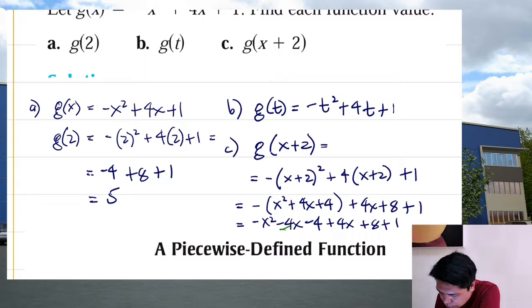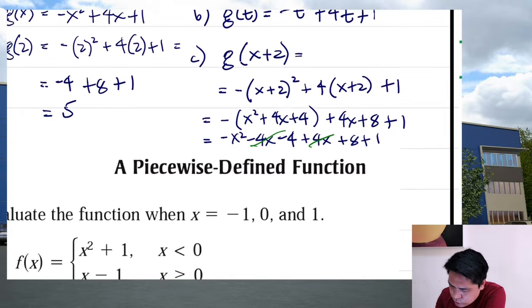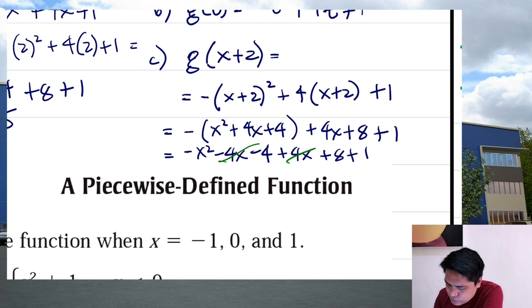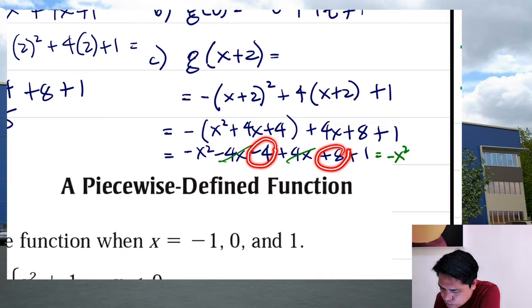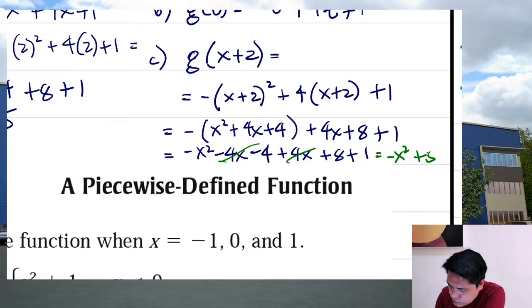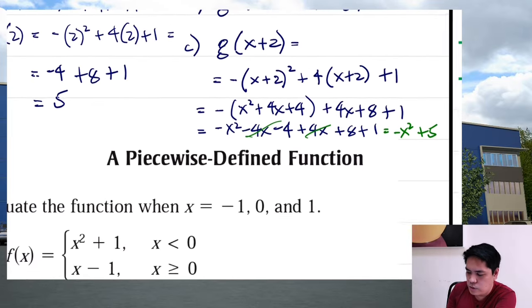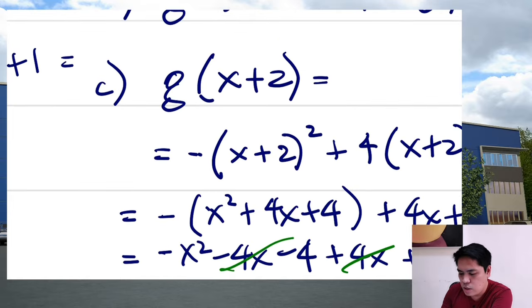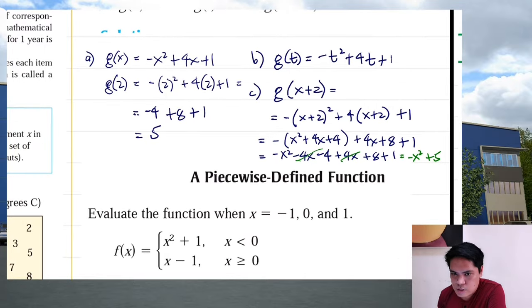So we can cancel this out. We'll have negative x squared, then minus 4 plus 8 plus 1. So this is 4 plus 1, 5. So that would be our answer. So g of x plus 2 is negative x squared plus 5.